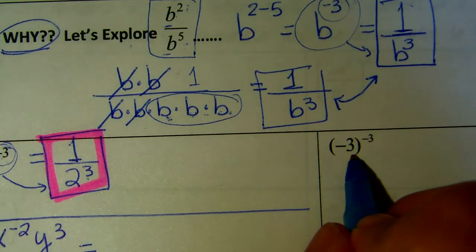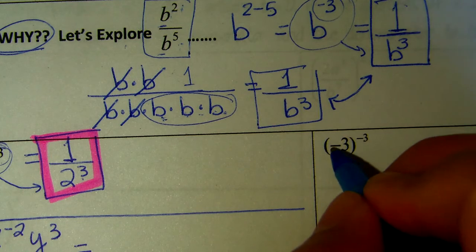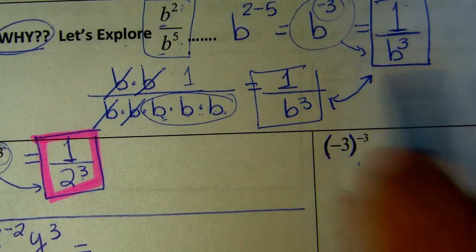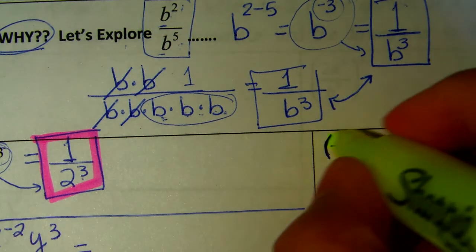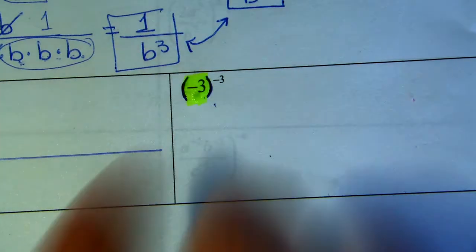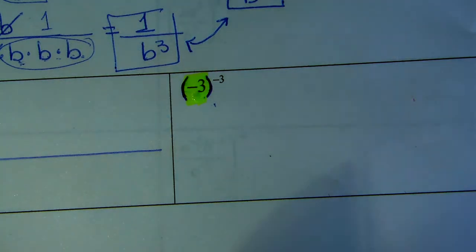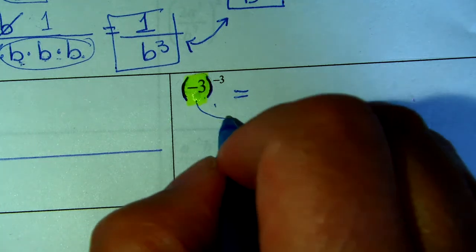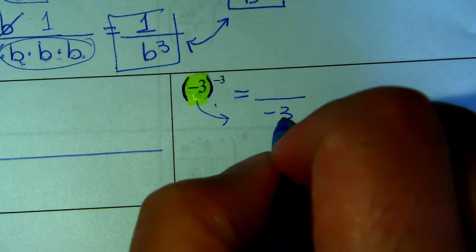On this one, look at this one. We have negative 3. Notice the parentheses. Okay, so everything inside the parentheses is elevated to the power of negative 3. What do we do? Again, the whole thing with the negative 3, send it to the bottom.